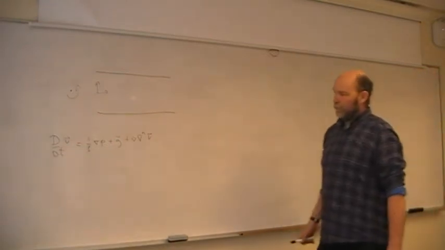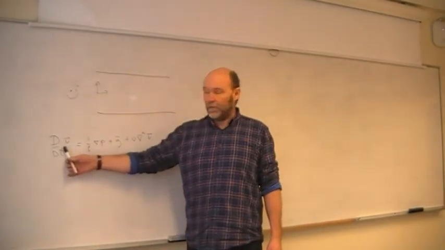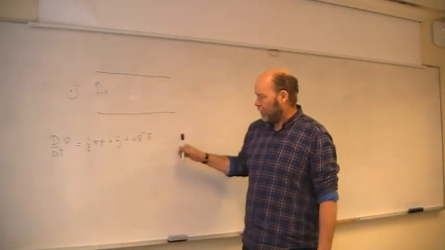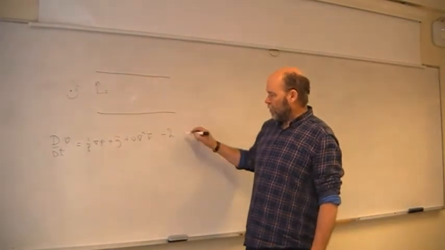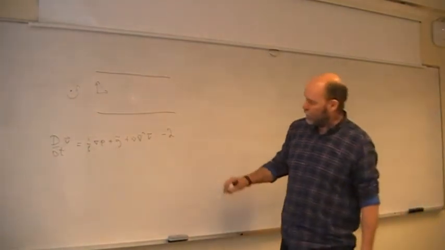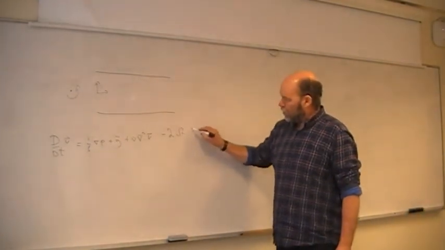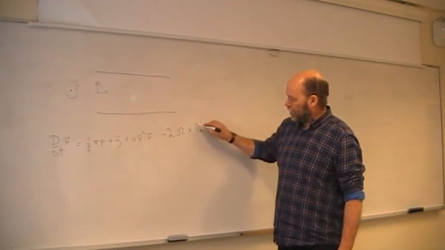You take one acceleration that actually belonged to the left here and put it on the right hand side, reading 2 times omega cross the relative velocity.